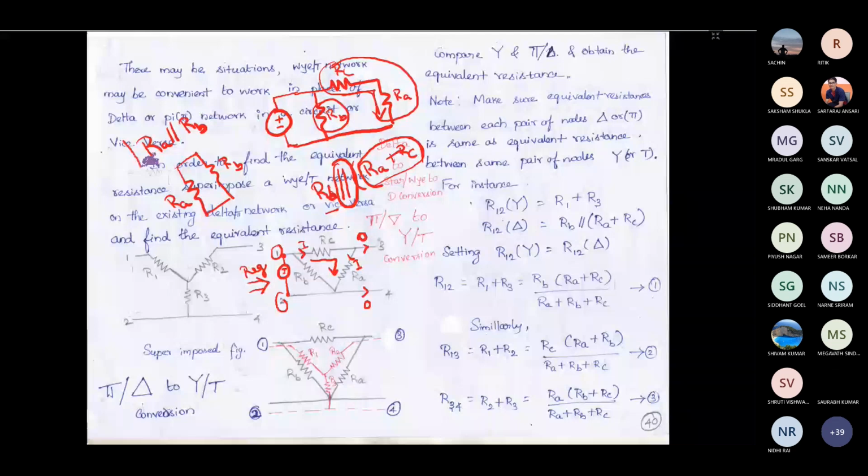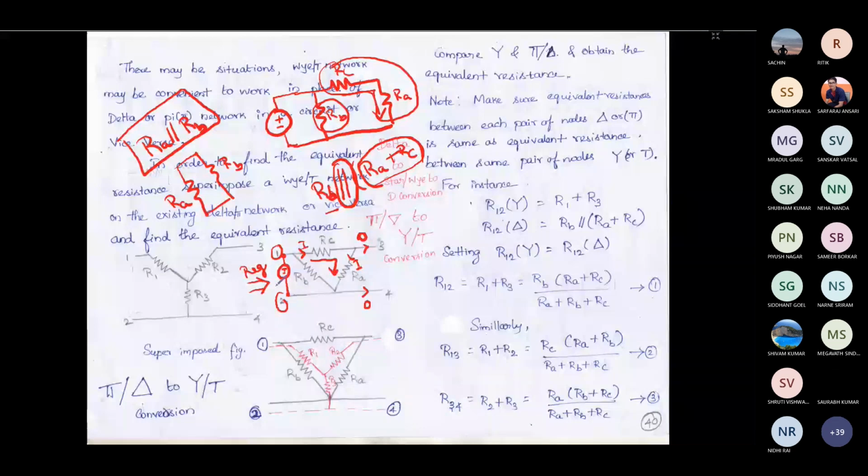Now what I am doing is converting from star to delta. The resistance which I have on the star should be equivalent to the delta. Similarly, the resistance which I have in the delta should be equivalent to the star.